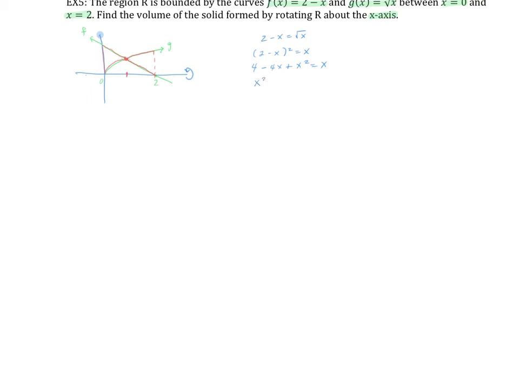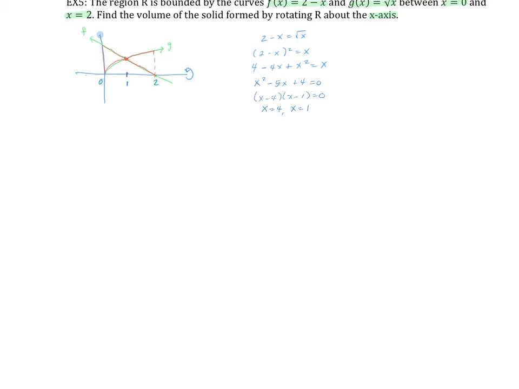If I set it equal to 0 and factor, at least I hope it factors, it looks like it should be x minus 4 times x minus 1. So x equals 4 and x equals 1 is where these are going to intersect. This must be 1 because it has to be between 0 and 2.